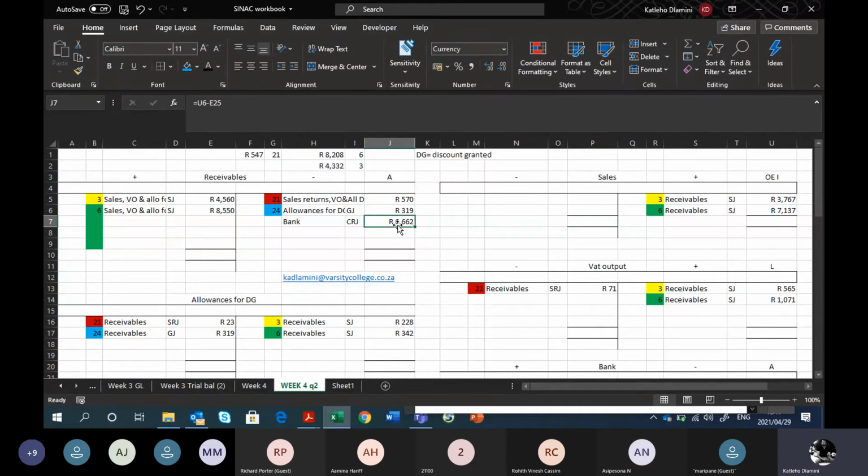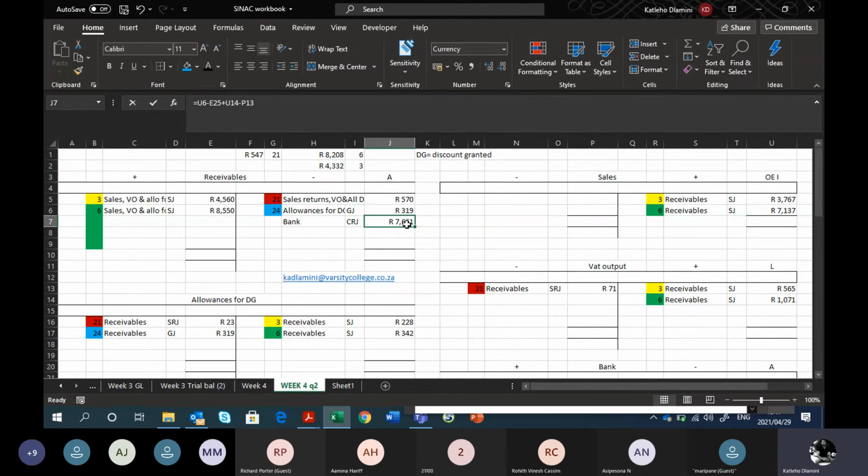If I add my VAT, I have the 1,000 Rand, and then I can subtract that 71 Rand. And I have 7661, or if you will, 7660 and 80 cents.